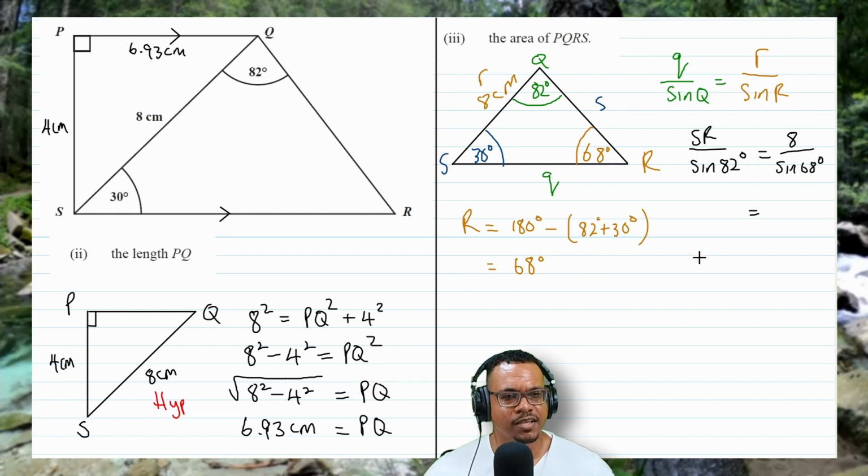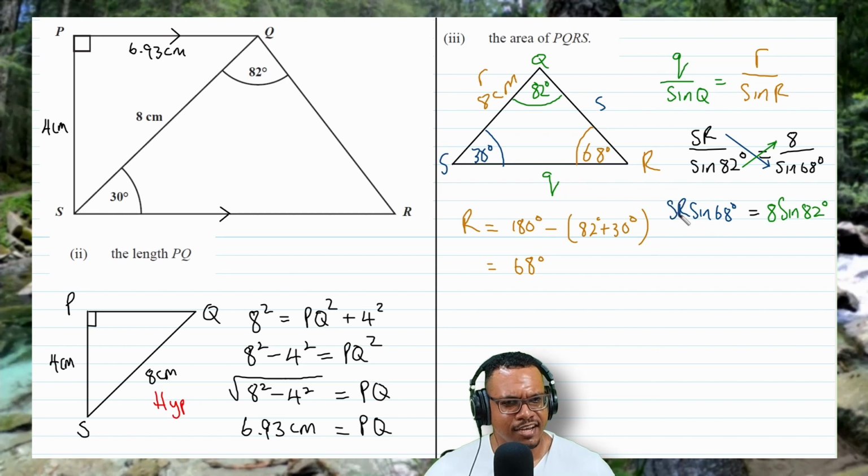So now I'll cross multiply. So I'll say SR times sine 68 degrees. And I'll say sine 82 times 8, which is 8 sine 82 degrees.